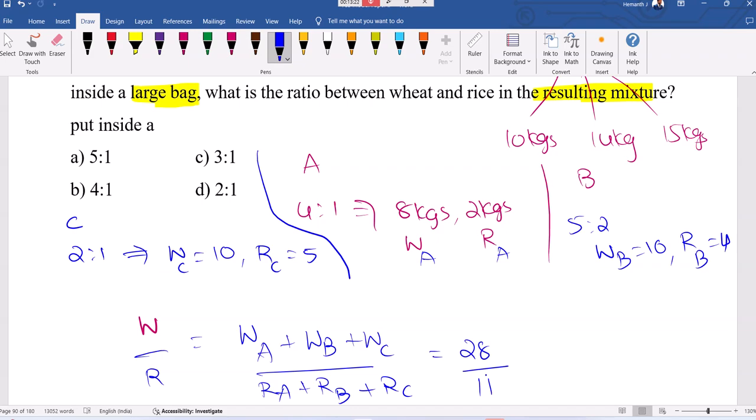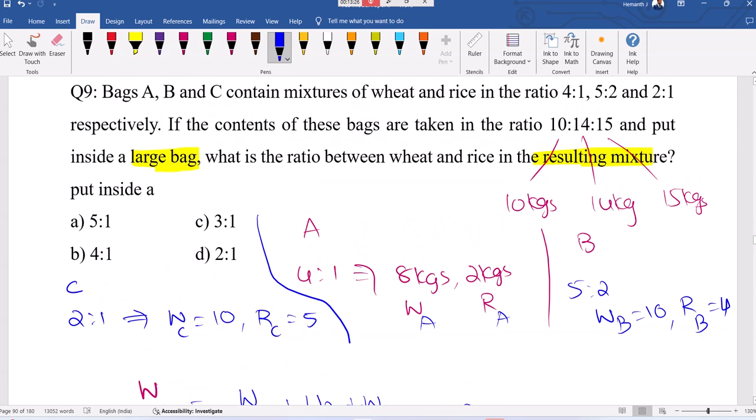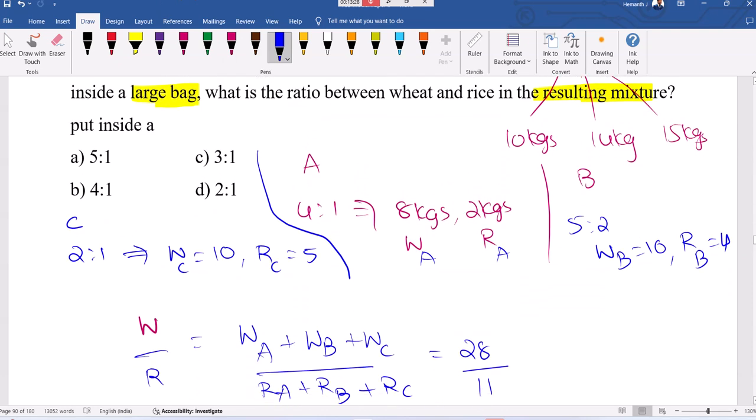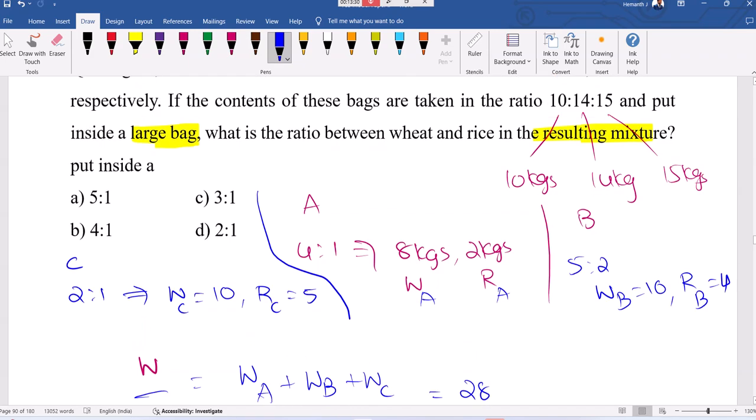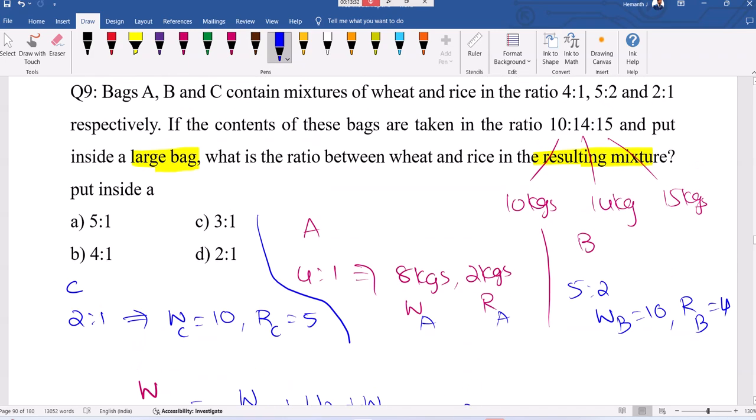28 and 11. No option here. Why so? The contents of these bags are taken in the ratio 10, 14, 15, and put inside a larger bag.